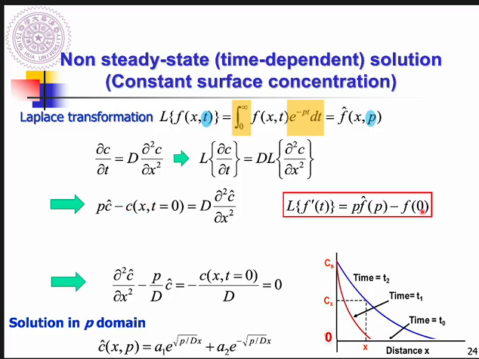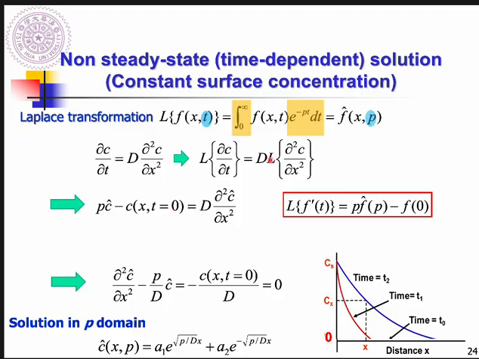And this 0 means t equals 0, because this is not a transformed term, right? So this is c of 0, and this 0 is t, meaning t equals 0.